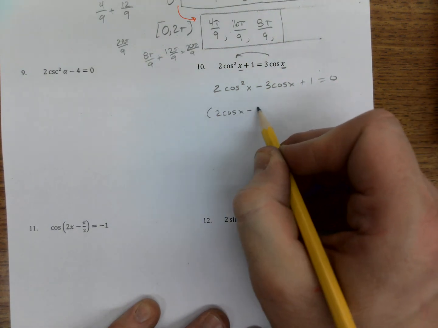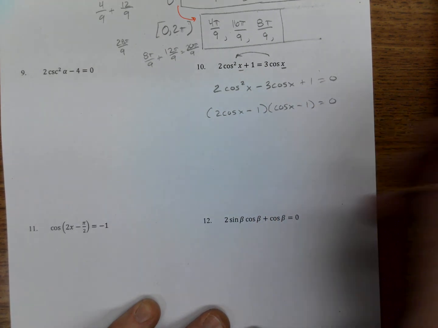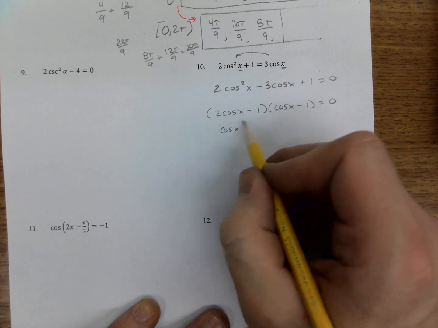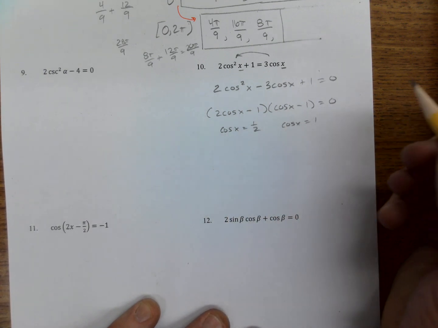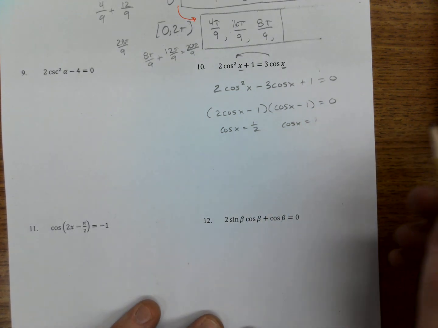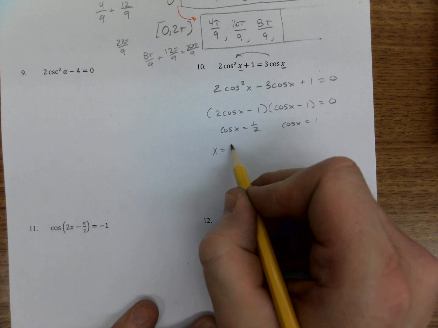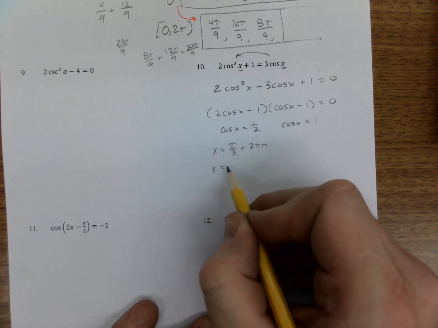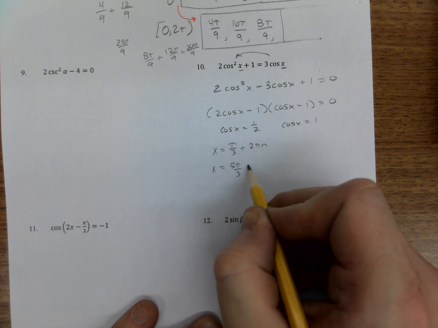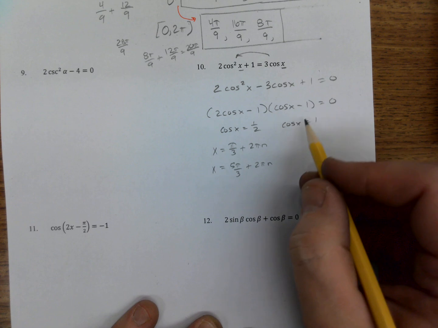You can guess and check at this, probably the easiest way. And solve them both. Cosine of x is 1/2, and cosine of x is 1. What are those solutions? Well, it's just going to be pi over 3 plus 2 pi n and 5 pi over 3 plus 2 pi n. This is when cosine is 1/2. When's cosine 1?